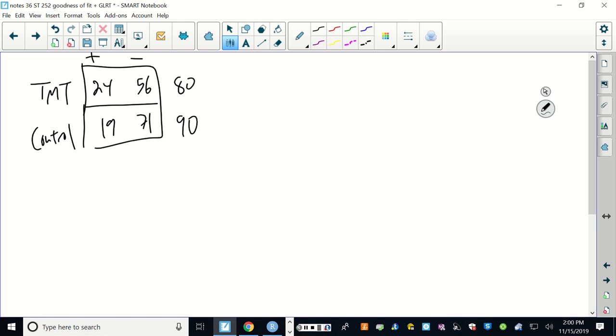Is there a difference between the rate of treatment and control in terms of getting better? One way of doing this is just doing a two-sample test and asking, is the proportion getting better different between treatment and control? So we could look at the proportion getting better among the treatment. It's 24 over 80. That's 0.30. And the proportion getting better under the control is 19 over 90.